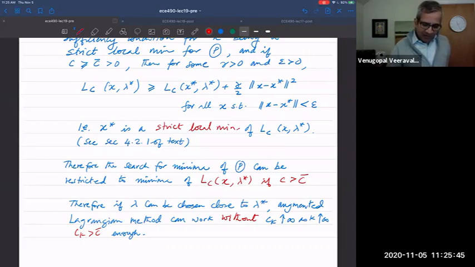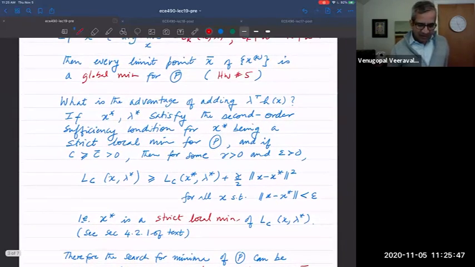Of course, if you solve the original constrained optimization problem, you would know lambda star, but then you wouldn't need the augmented Lagrangian method anyway. So that's not the point of this method. Somehow you should come up with a numerical way to make lambda close to lambda star in the iterations for the augmented Lagrangian method.